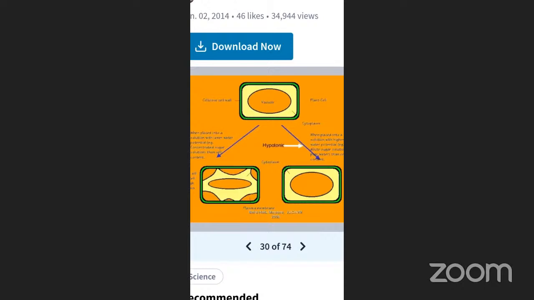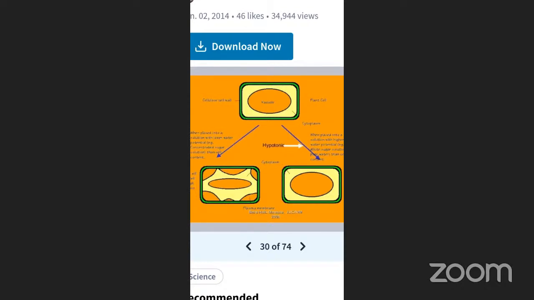If the external solution balances the osmotic pressure of the cytoplasm, it is said to be an isotonic solution, equal to, that is the isotonic. If the external solution is more diluted than the cytoplasm, we call that a hypotonic solution. If the external solution is more concentrated, that is the hypertonic solution. The cell will swell in the hypotonic solution and shrink in the hypertonic solution.